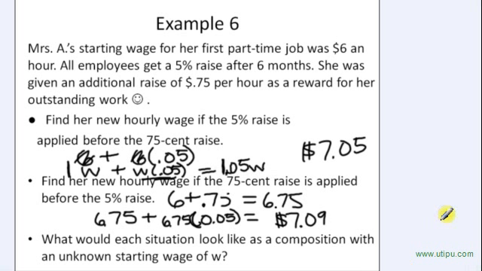So since we're looking at functions and compositions, let's let f of x represent the 5% raise, which we could write as the 1.05W.